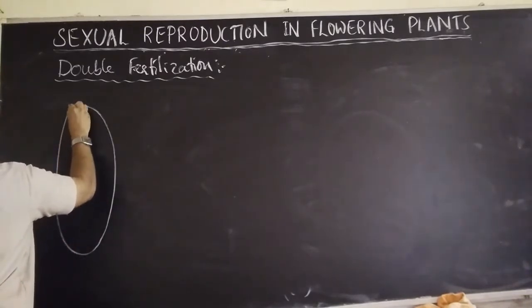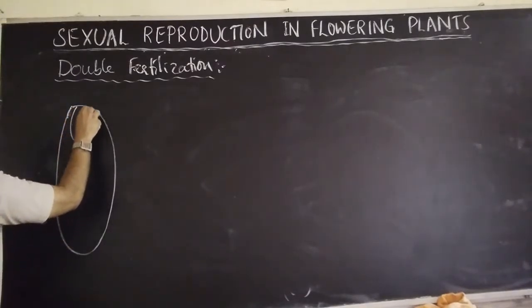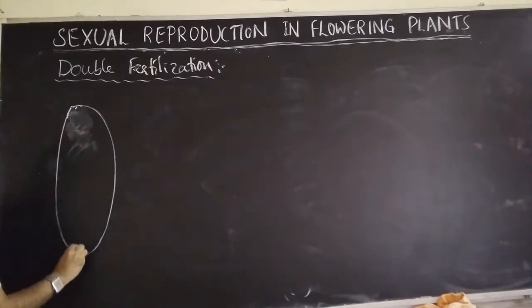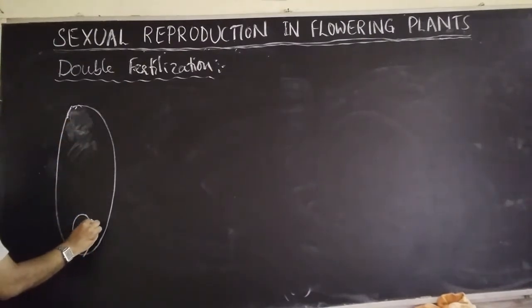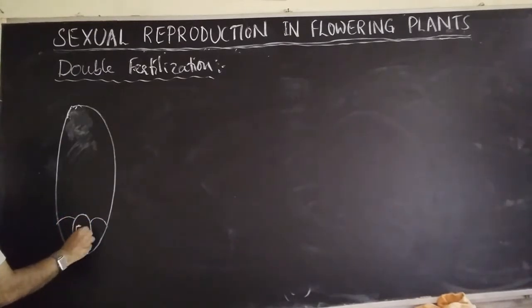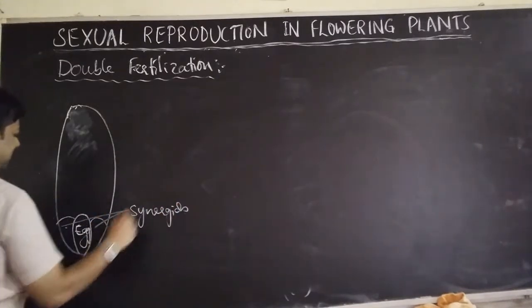Here one egg is there and two synergids. The center one is the egg and these two are synergids. Let us see what happens.